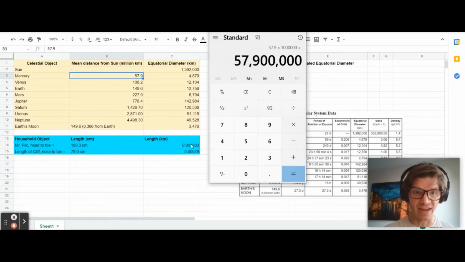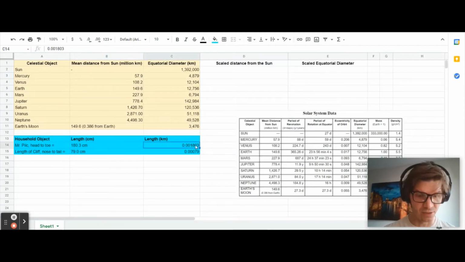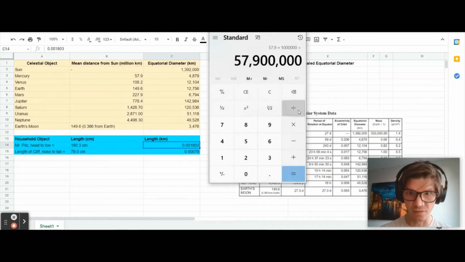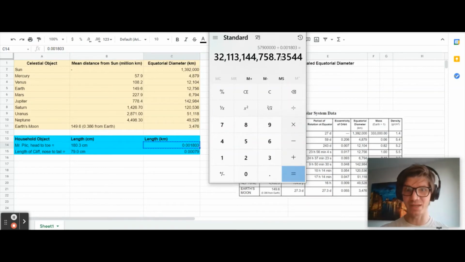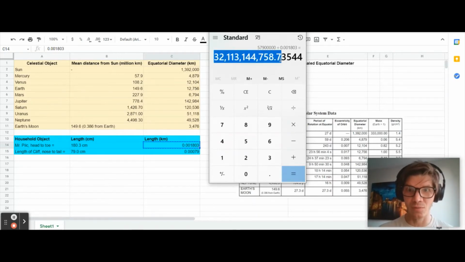And now I'm going to divide that by Mr. Pulse's length. And that is how many copies of myself I would have to stack from the Sun to Mercury to create a scale. So 0.7, I'm going to round.